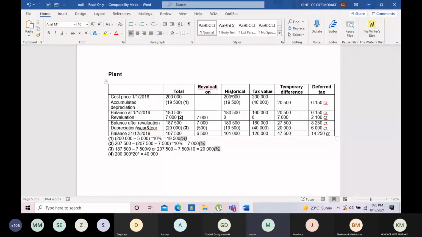You get that amount of 500 rand next to depreciation or warranty. 7,500 minus the 7,000 there. Then you say 7,000 minus 500 to get 6.5.